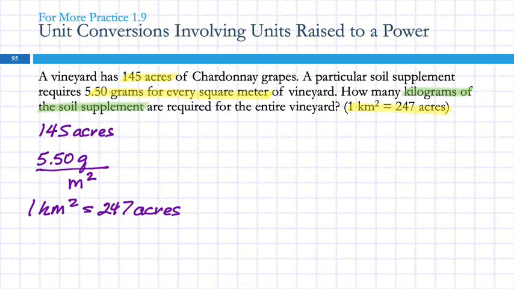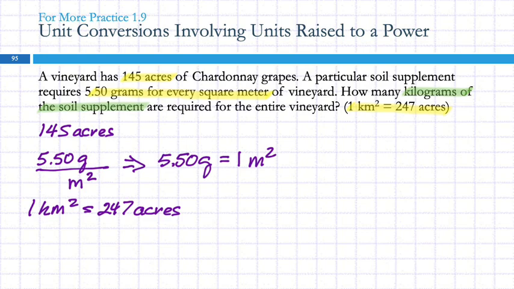Because that is the same as 5.50 grams is equal to 1 square meter in this situation. And then this was a conversion factor that was given to us. So anytime you have per or for each, mostly it's per, that's probably going to be your conversion factor. So this is the guy I'm starting with.